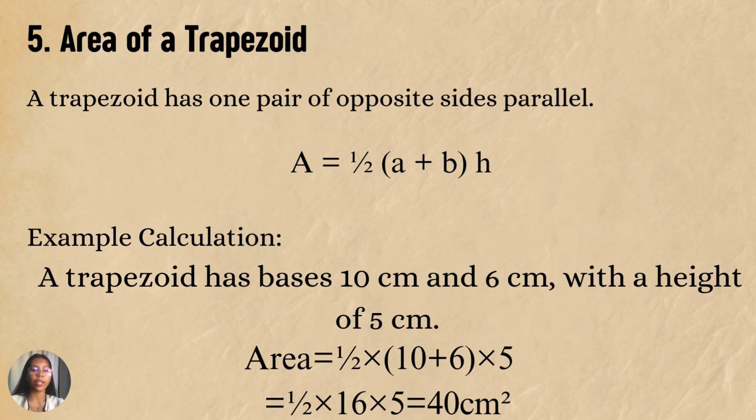One half times 10 plus 6, times 5. One half of 16 is equal to 8, and 8 times 5 is equal to 40 square centimeters.